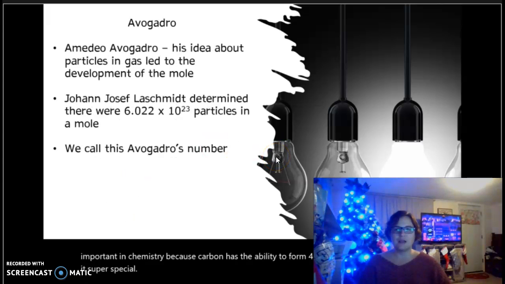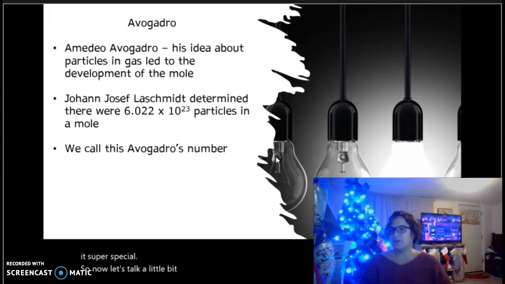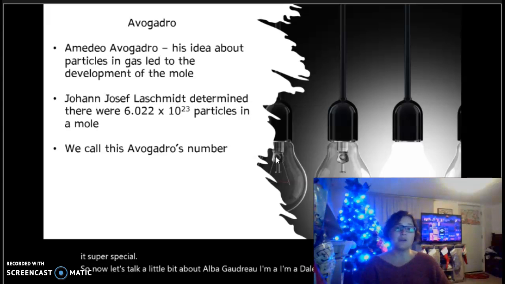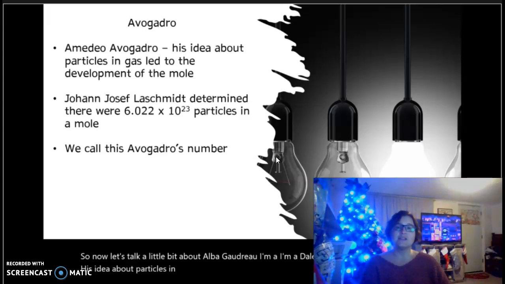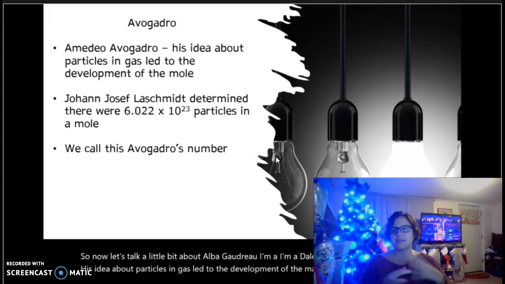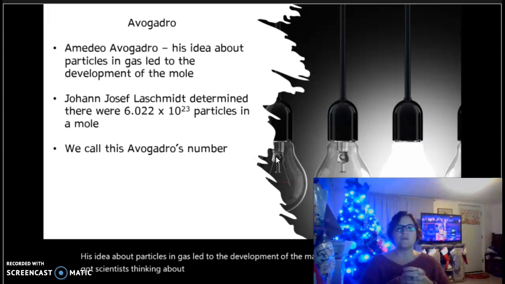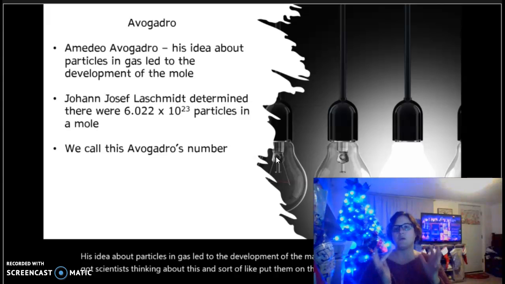So now let's talk a little bit about Avogadro. Amadeo Avogadro. What a name, right? His idea about particles and gas led to the development of the mole. So he's the one that sort of got scientists thinking about this and put them on that pathway of determining and defining what a mole is.